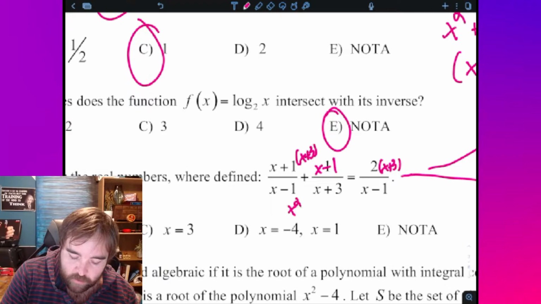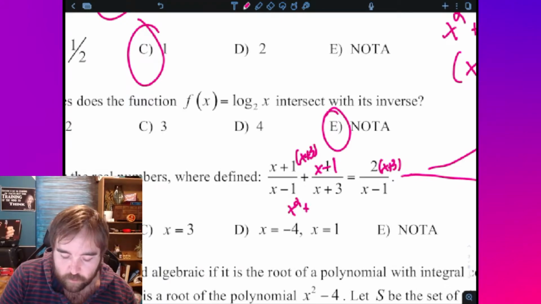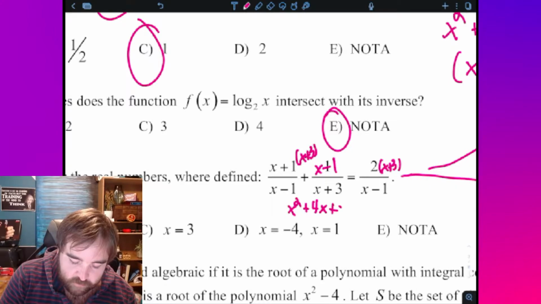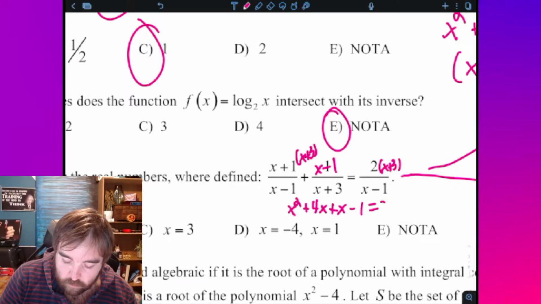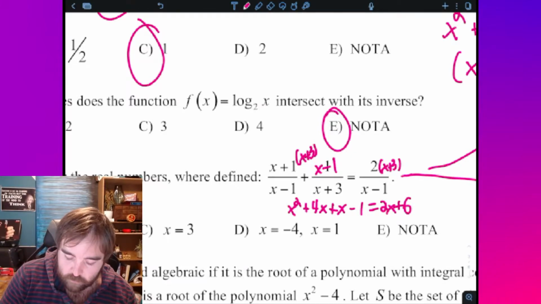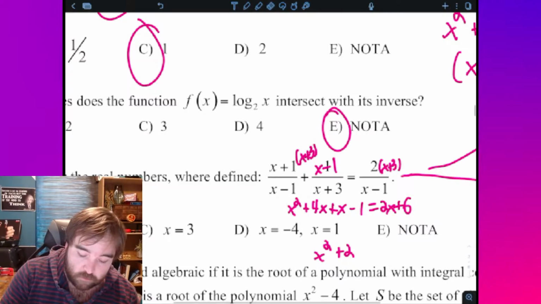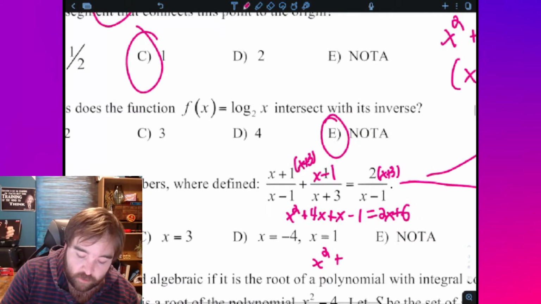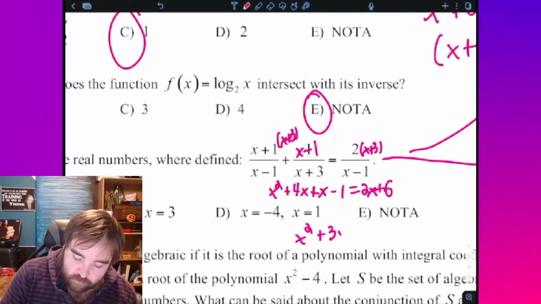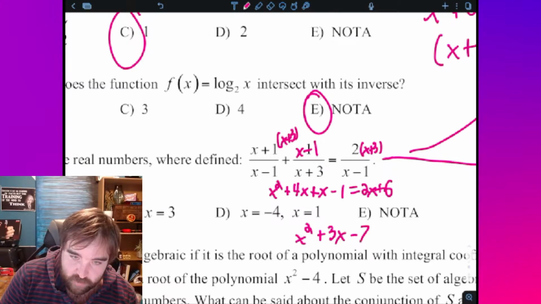So now I'm just going to FOIL. x squared plus 4x plus x minus 1 equals 2x plus 6. And then we'll get everything to one side so we can factor: x squared plus 2x plus x, which is 3x, minus 7.